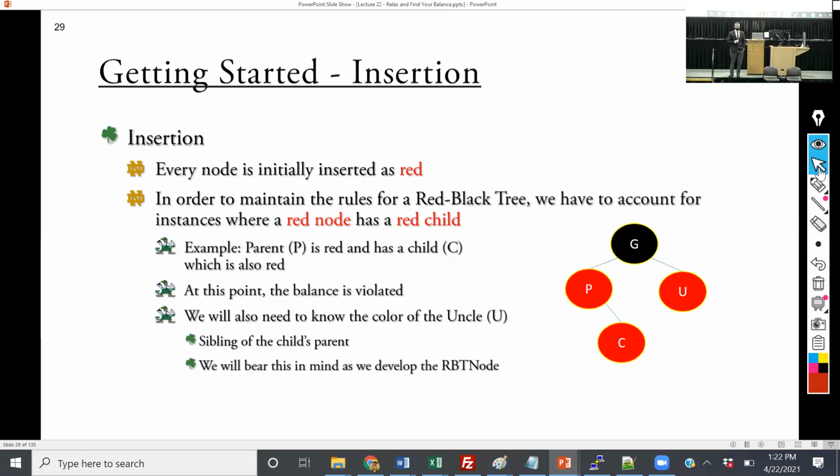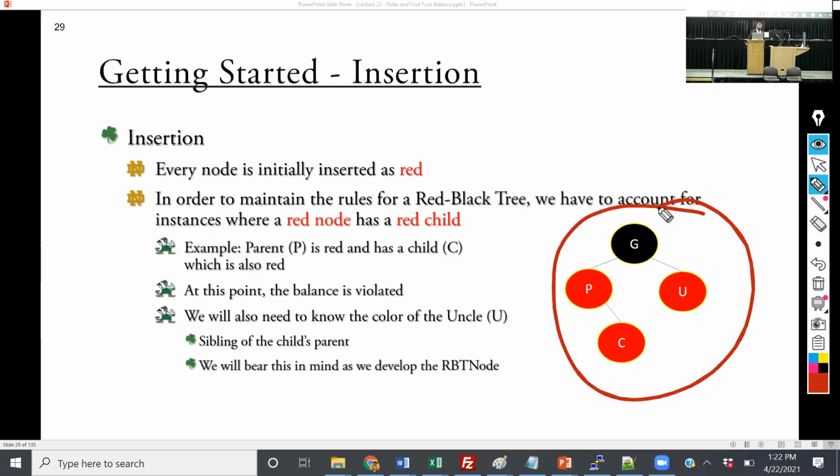So automatically it's going to be red. Then we're going to perform localized evaluations of all of the different colors of its neighbors. And what you're going to see is we have to account for its parent, we have to account for its grandparent, and we have to account for what we're going to call its uncle. So its parent's sibling.